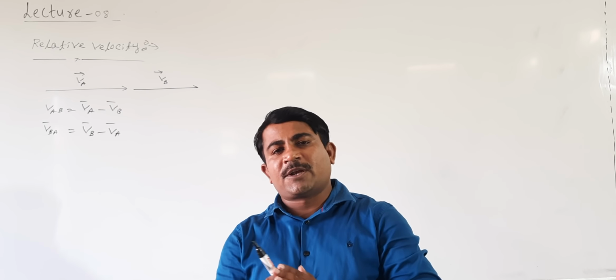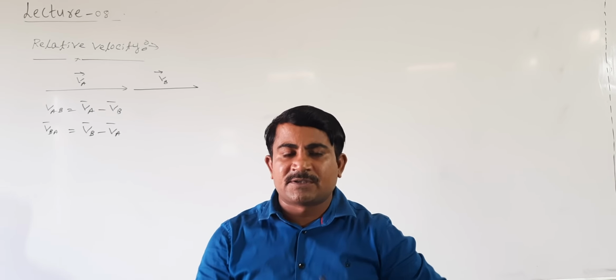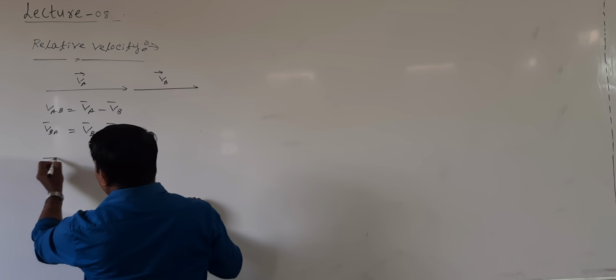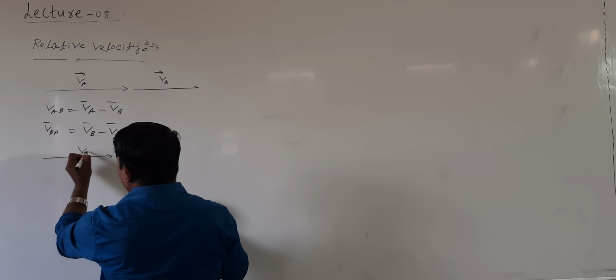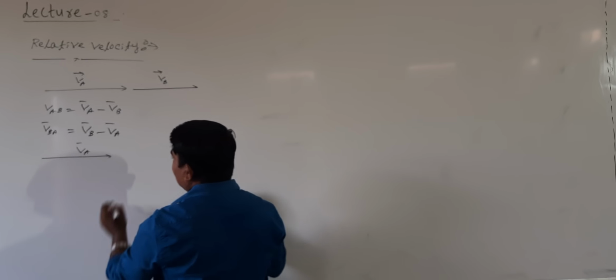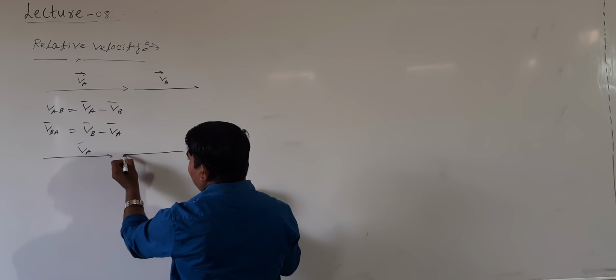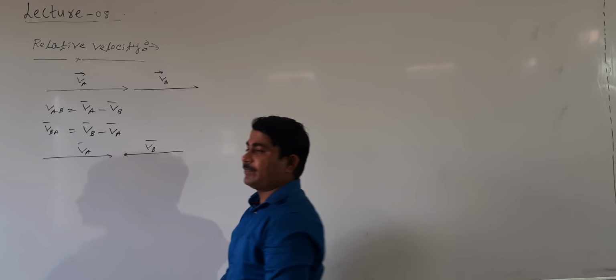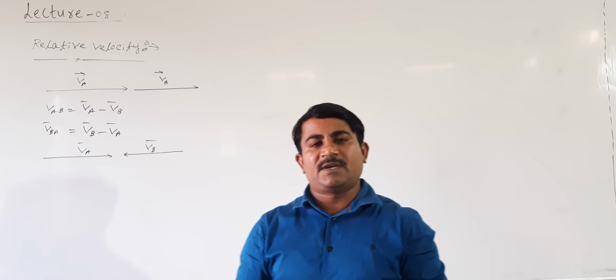But if two bodies are in opposite directions, how do we represent the relative velocity? Look at me. Shall I take this as one velocity, VA? Now I will take the reverse direction, the velocity of the body in the reverse direction, VB. Right students, how to take it here?